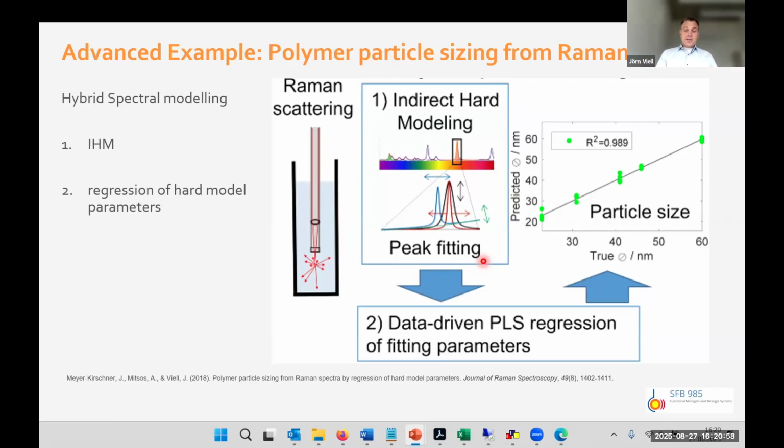We took that noise and analyzed it with a data-driven tool in order to quantify particle size. And for this particular system, it worked very well. You see the goodness of the fit, which was even amazing for us. It's a combination of a physics-informed model and a data-driven approach.